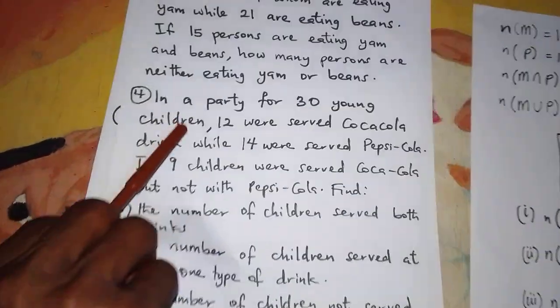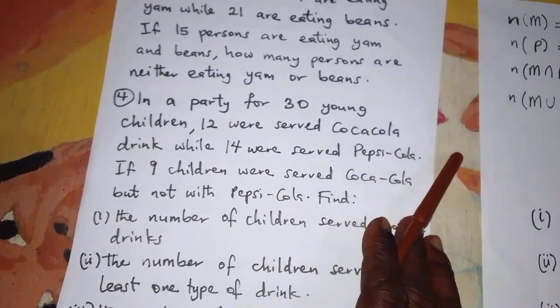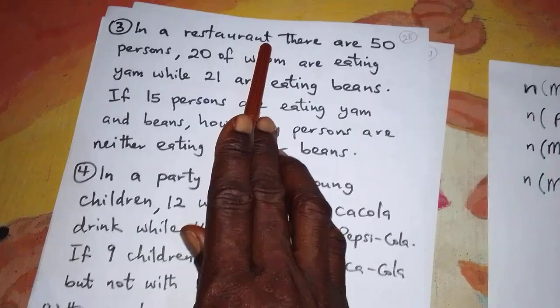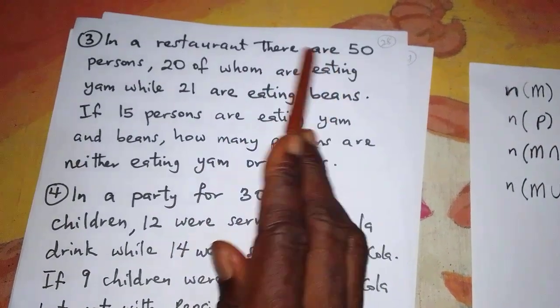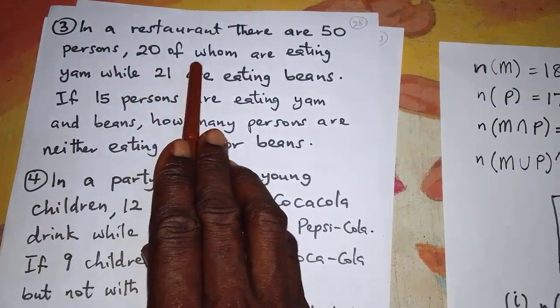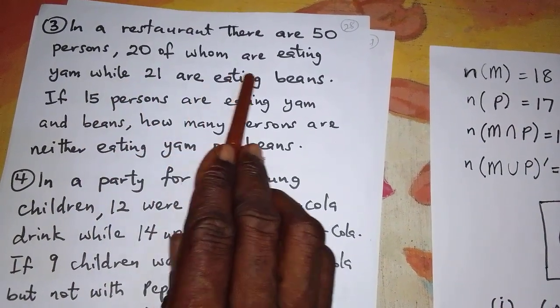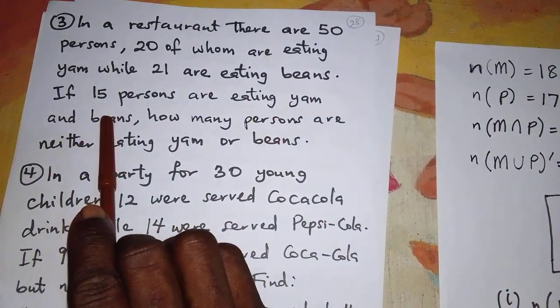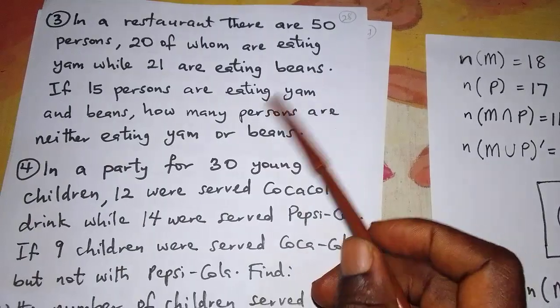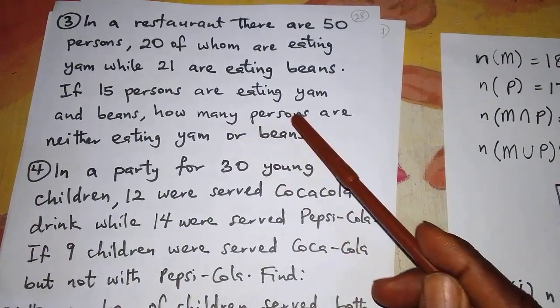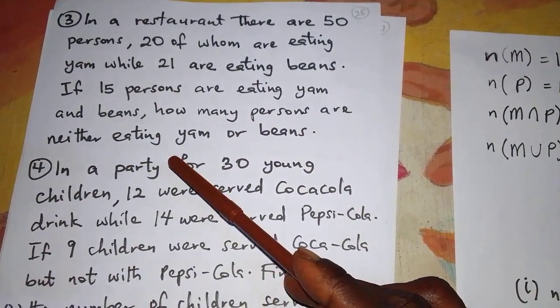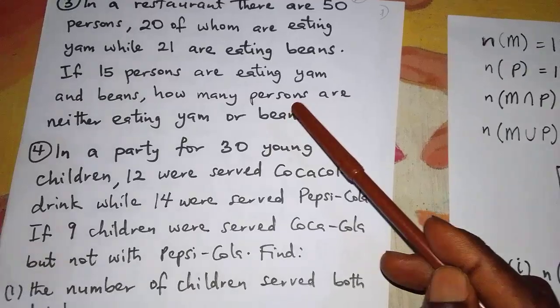Number 3, in a restaurant, there are 50 persons, 20 of whom are eating yam, while 21 are eating beans. If 15 persons are eating yam and beans, how many persons are neither eating yam nor beans?